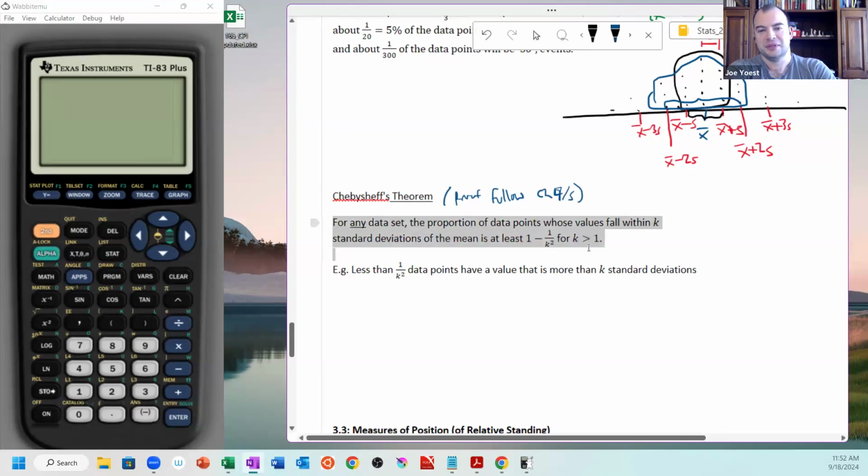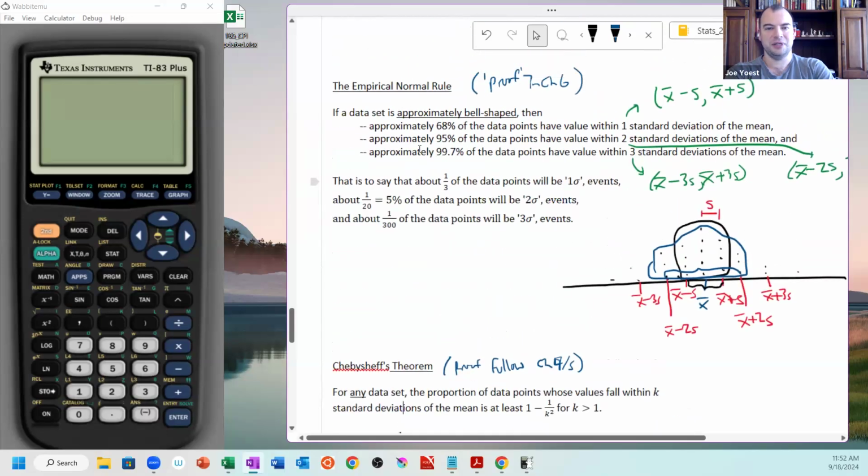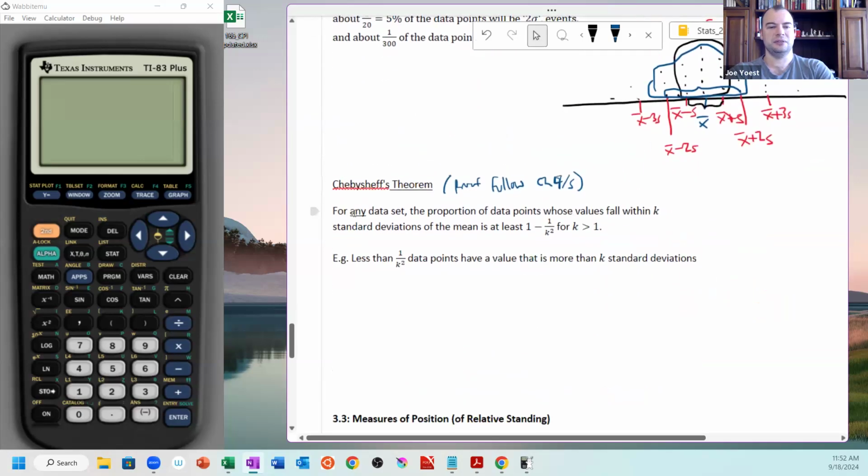So, Chebyshev's theorem says for any data set, no restrictions on the data set, the proportion of data points whose values fall within k standard deviations of the mean, so like up here, 68% was the proportion that fell within one standard deviation of the mean, 95% was the proportion that fell within two standard deviations of the mean. So similar result as up here, except that we removed the constraint on the type of data set.